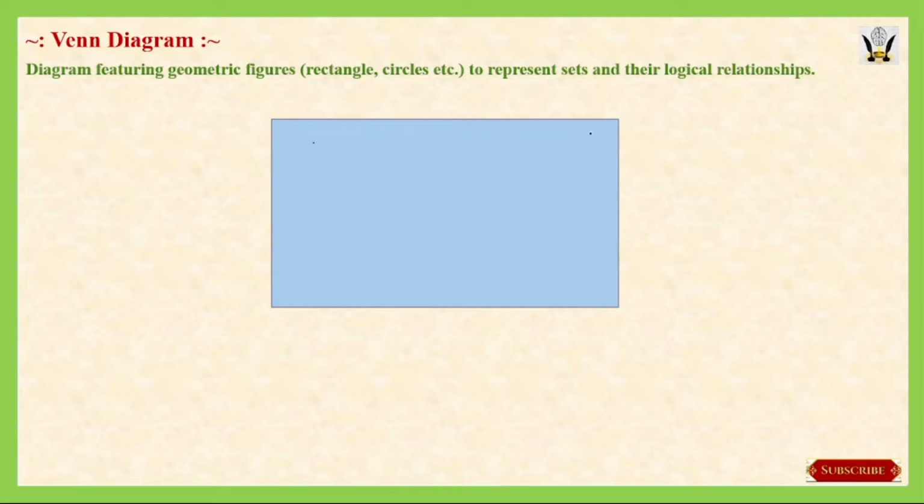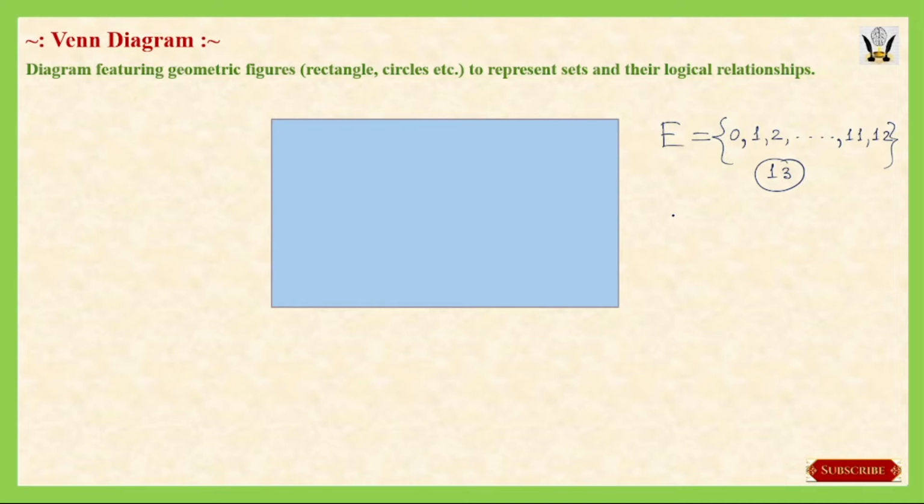So here, as we can see, it is a rectangle which in our case represents a universal set. We know the universal set is represented by capital letter E or U. Say in our case the universal set is E, which has the elements from 0 to 12. So in total this universal set has 13 elements.